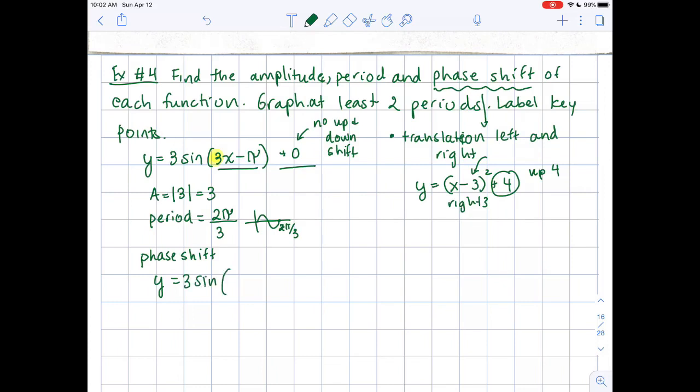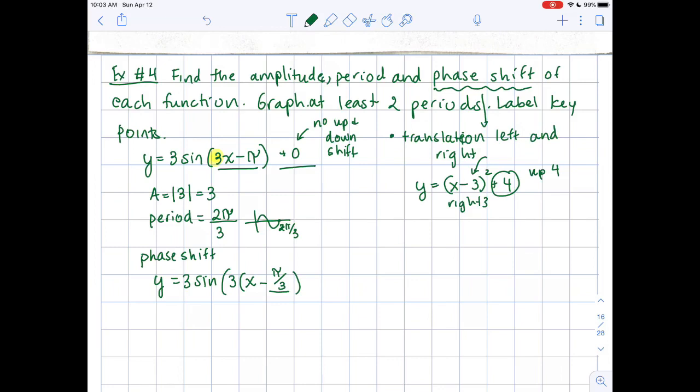So what I mean by that is we're going to rewrite the function with that constant value of 3 that affects my period factored out. So if I factor out 3 from those two terms, I get 3 times x is 3x. And then the question is, what would go here such that 3 times that value is equal to pi? So the simple answer is you take that value and then you divide by 3.